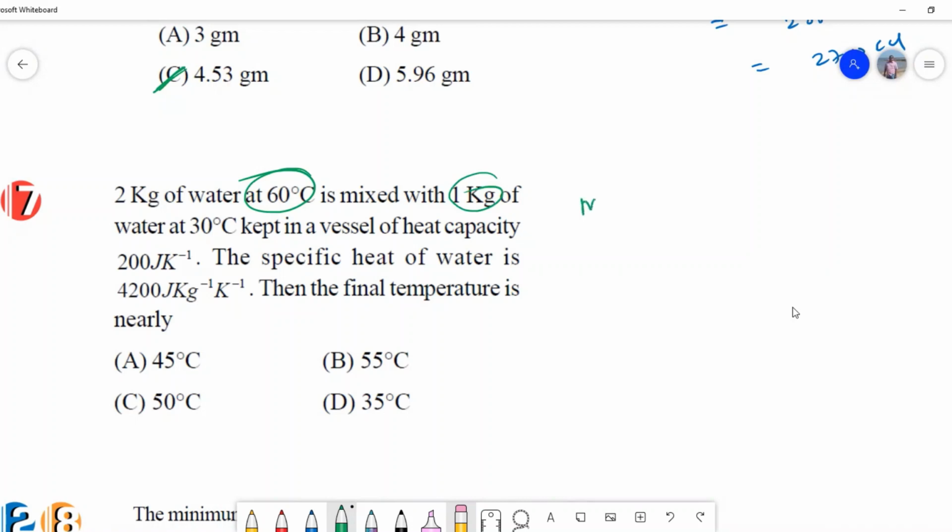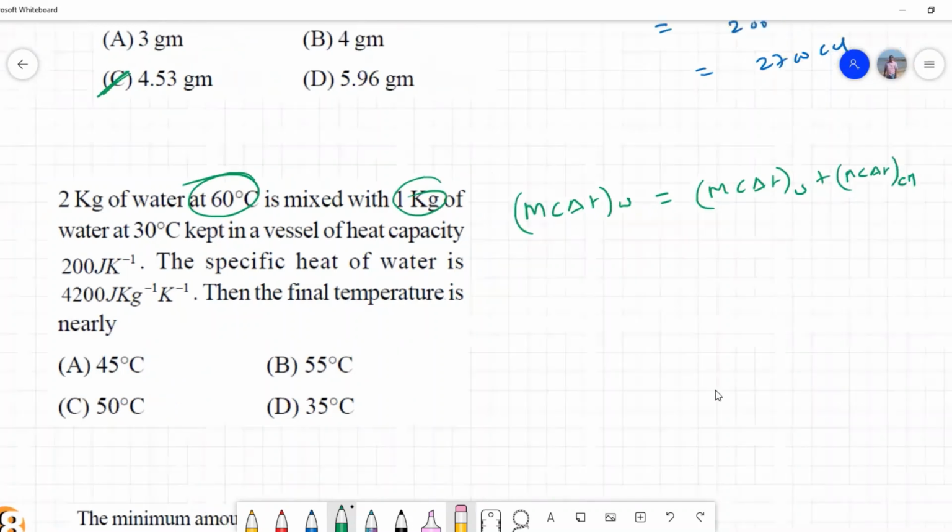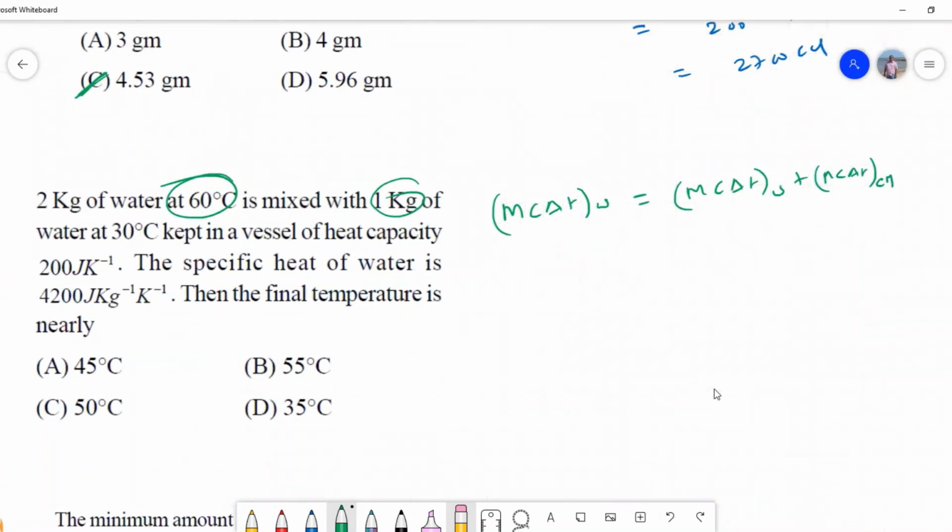So simply I'll write mc delta T of hot water is equal to mc delta T of cold water plus mc delta T of calorimeter. Very simple.